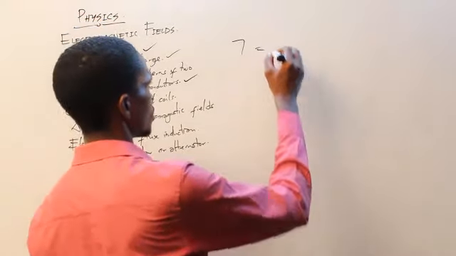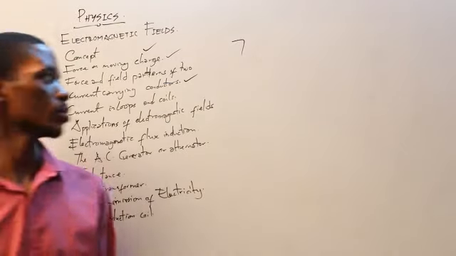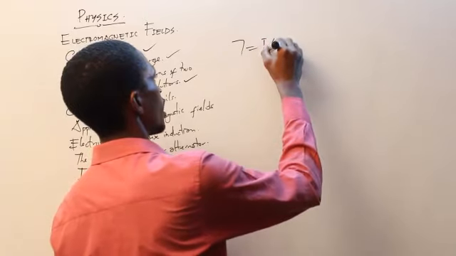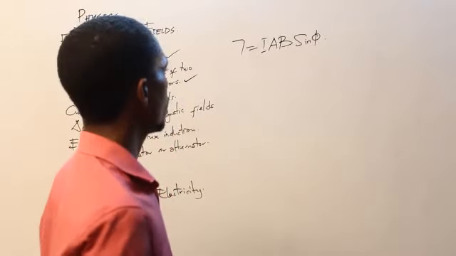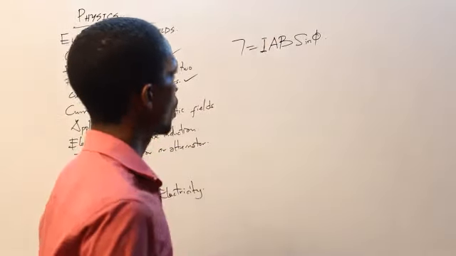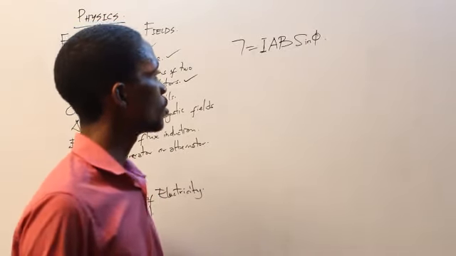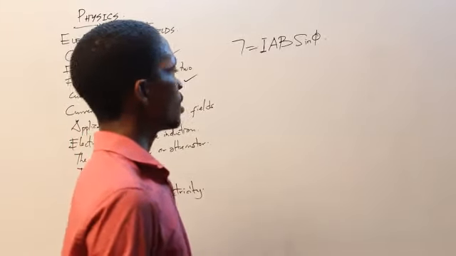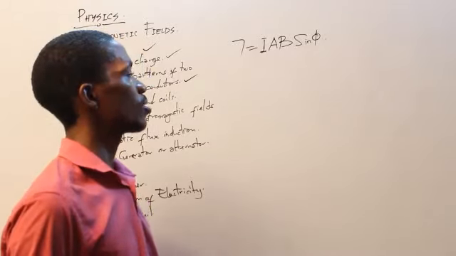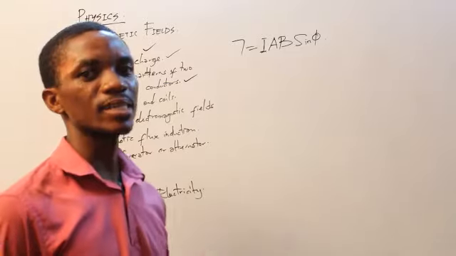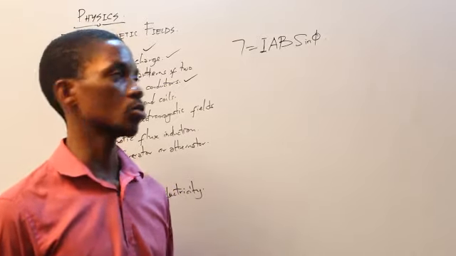Torque is calculated as IAB sine phi, where I is the current in the system, A is the area, B is the magnetic field intensity, and phi is the angle formed by the current in relation to the magnetic field.